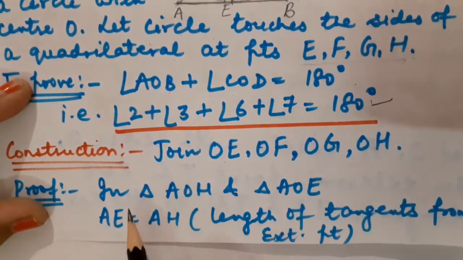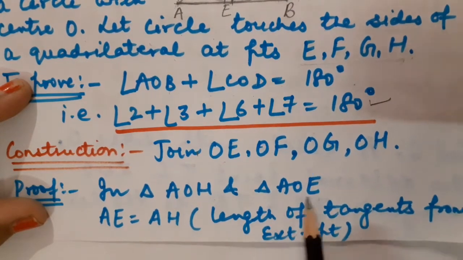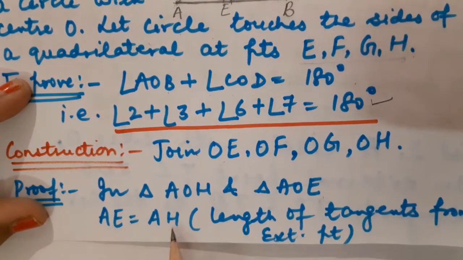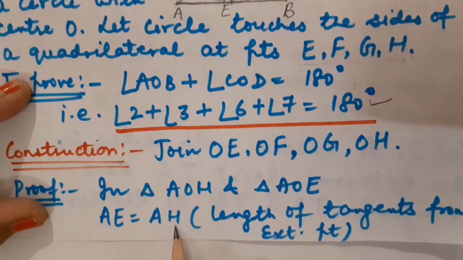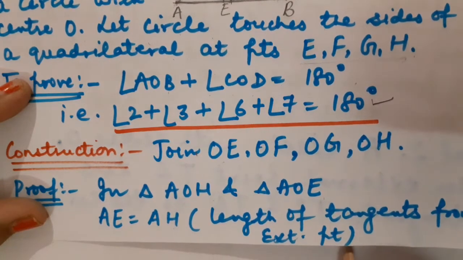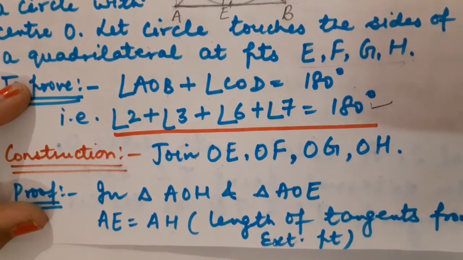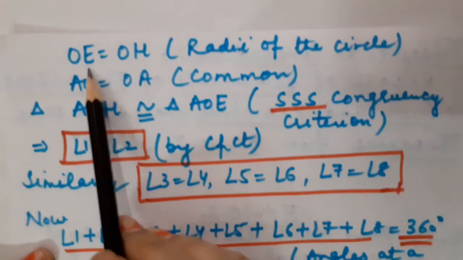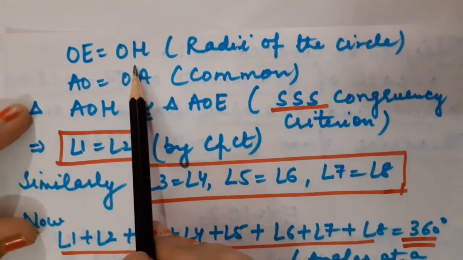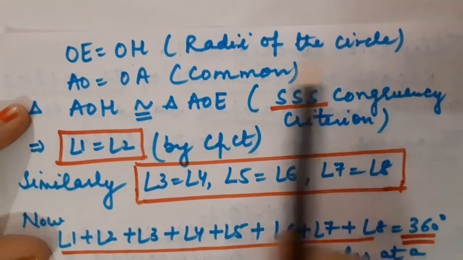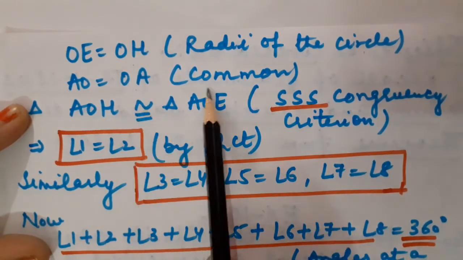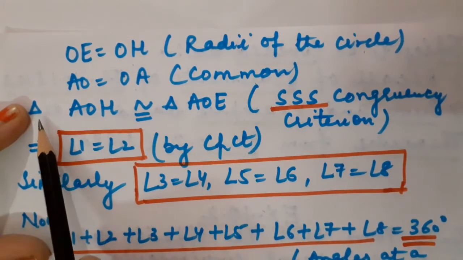So children, I have taken triangle AOH and triangle AOE. AE is equal to AH. I have just taught you this point, that the lengths of the tangents from the external point are equal. Then OE must be equal to OH. Why? Because they are the radii of the circle, and AO or OA is the common side. Okay. So what can we say?